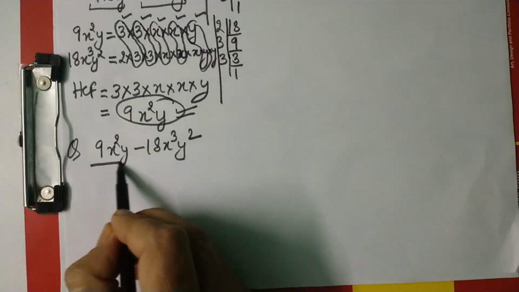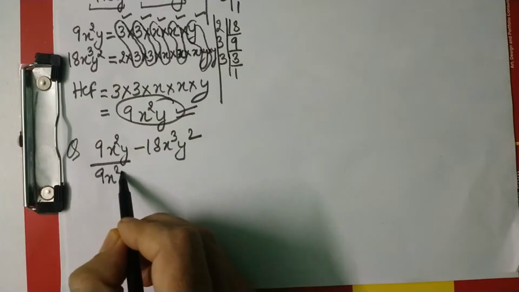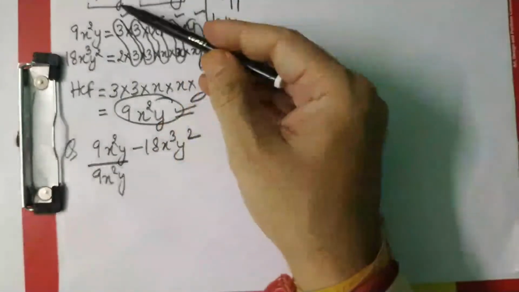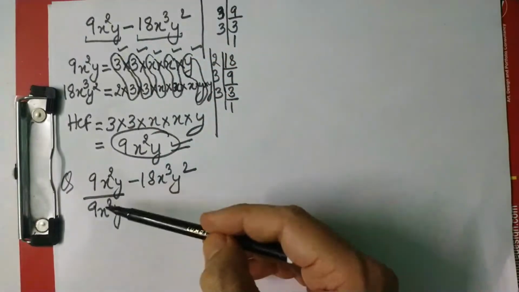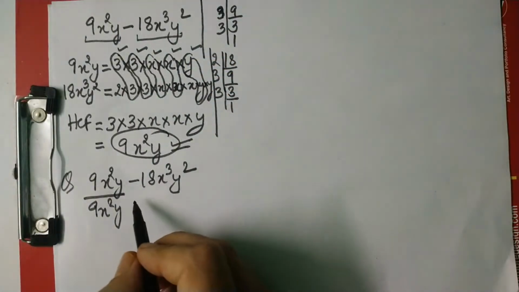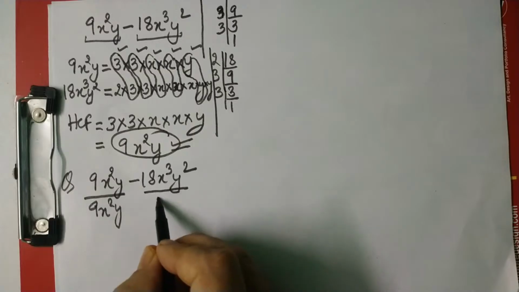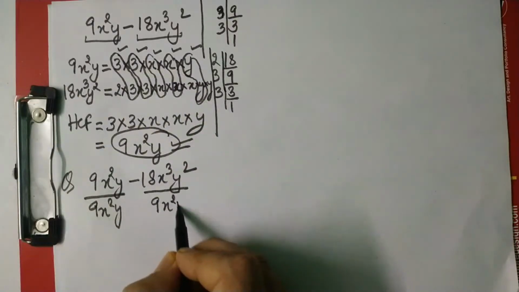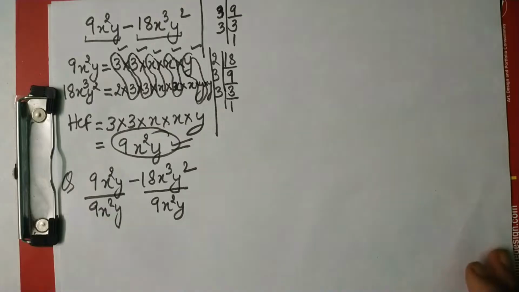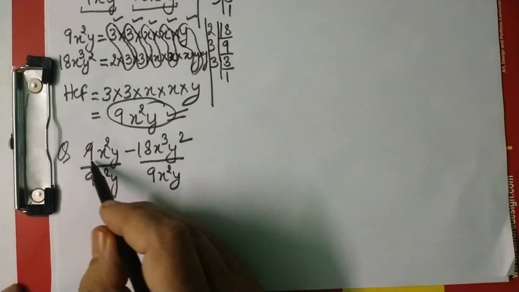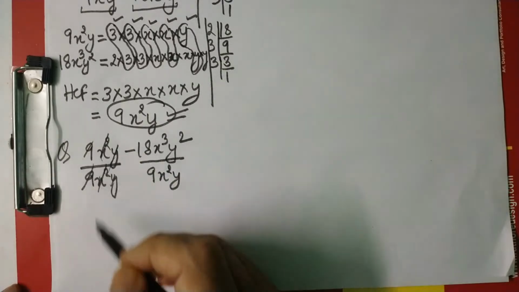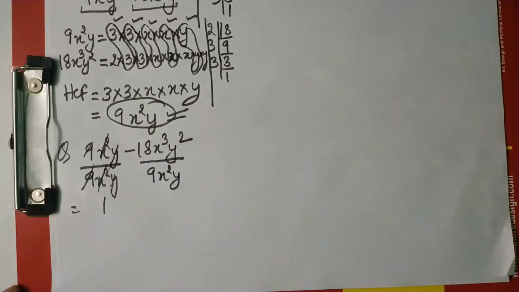Like if I divide the first term by 9x square y, which is the HCF, then the second term, 18, will also be divided by it. Now what do you get if you divide this? 9 divides 9, x square divides x square, y divides y, so what is left is 1.